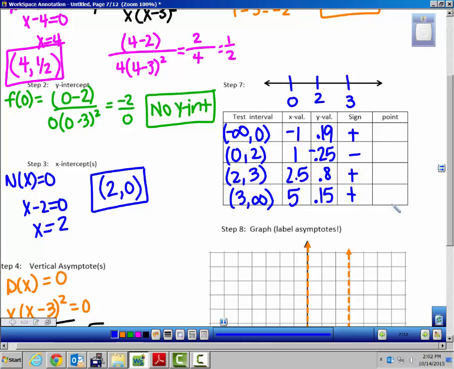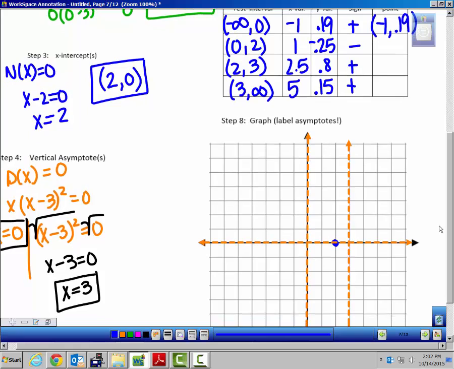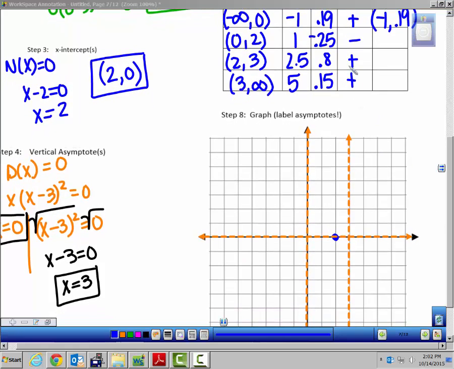And then don't worry about actually writing the point there unless you really want to. This is the point you are plotting, negative 1, 0.19. And then you can do that for the rest if you'd like. So now I'm going to scale my y-axis. So I have to go down to negative 0.25, and the highest I have to go is half because my hole was at y equals half.